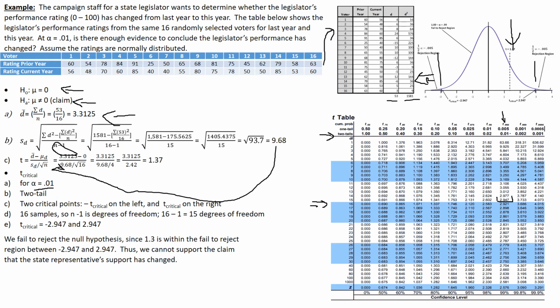Anything to the right of there, I reject. And guess what? It falls in the fail to reject region between those two, as 1.37 is less than 2.947 and greater than negative 2.947. So we support the null hypothesis. It means we can't support the claim that it's changed.